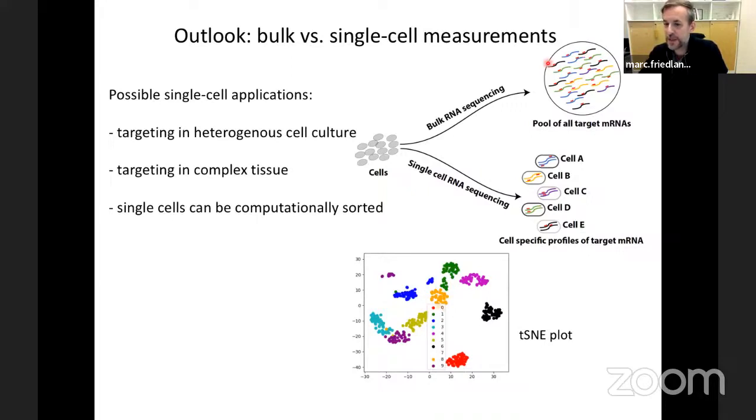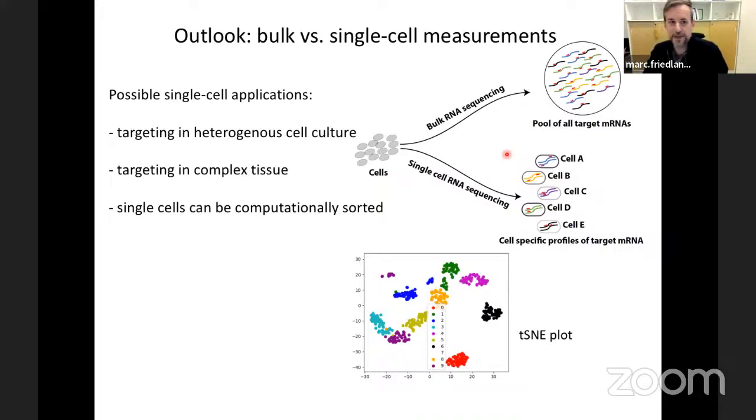But what we don't know is, within this pool of cells, are the same microRNAs targeting the same targets, or do we have different microRNAs targeting different targets? So it could be very heterogeneous, with very complex patterns of targeting that are obfuscated when we do CLIP-seq.